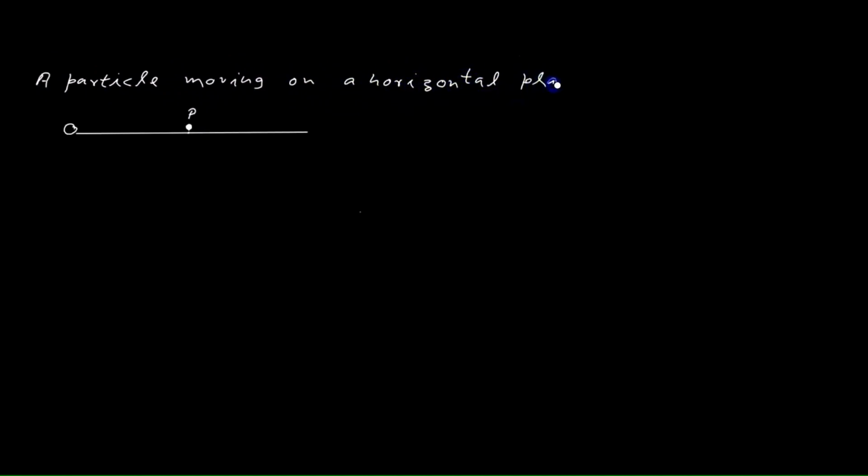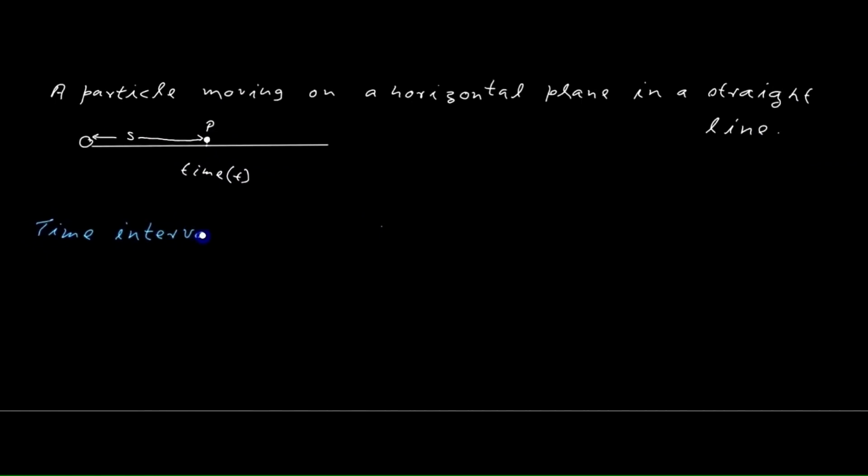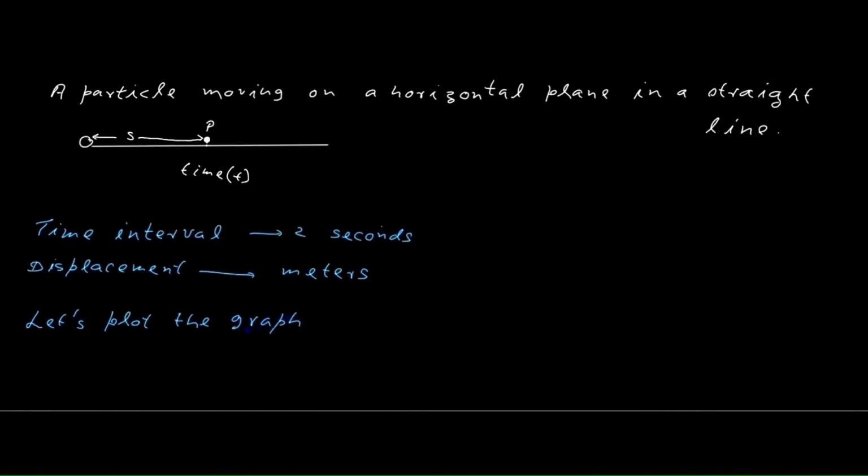Consider a particle starting from rest and moving in a straight line from a point O on a horizontal plane. Let's plot its displacement from O with time. Draw vertical and horizontal axes.